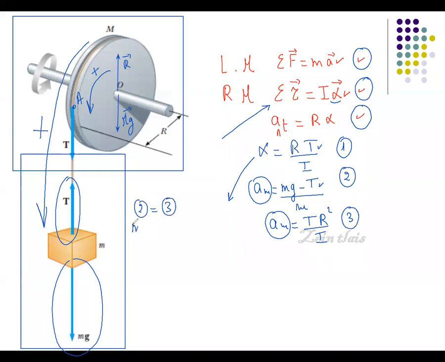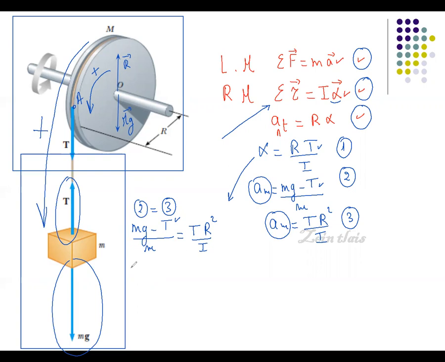We can write mg minus T divided by m equals T R square divided by I. As you see here, we have only one unknown, T. We can calculate T. When you calculate T, we can put it here to calculate AM and here to calculate alpha.